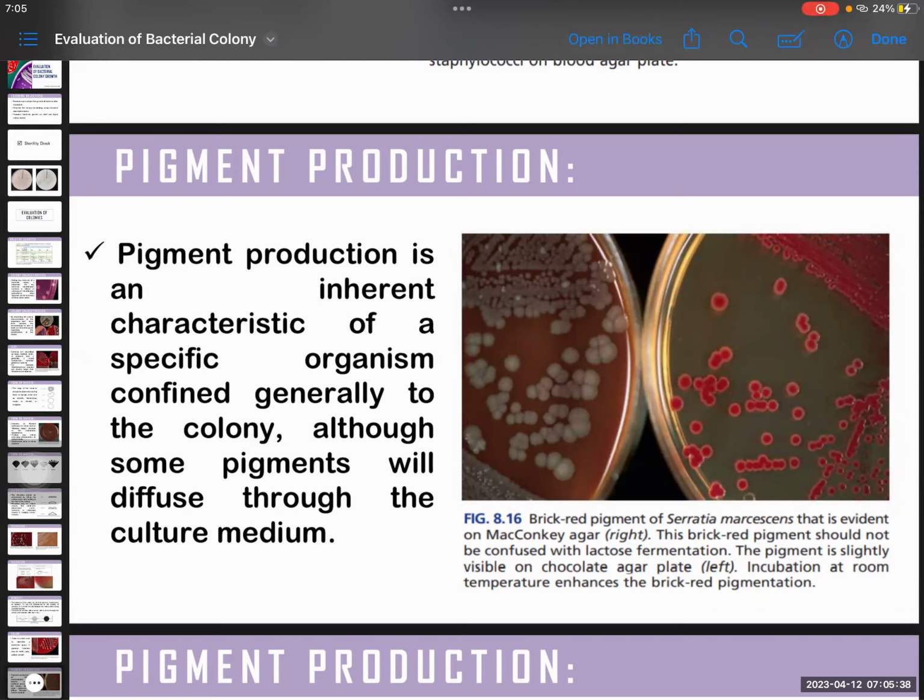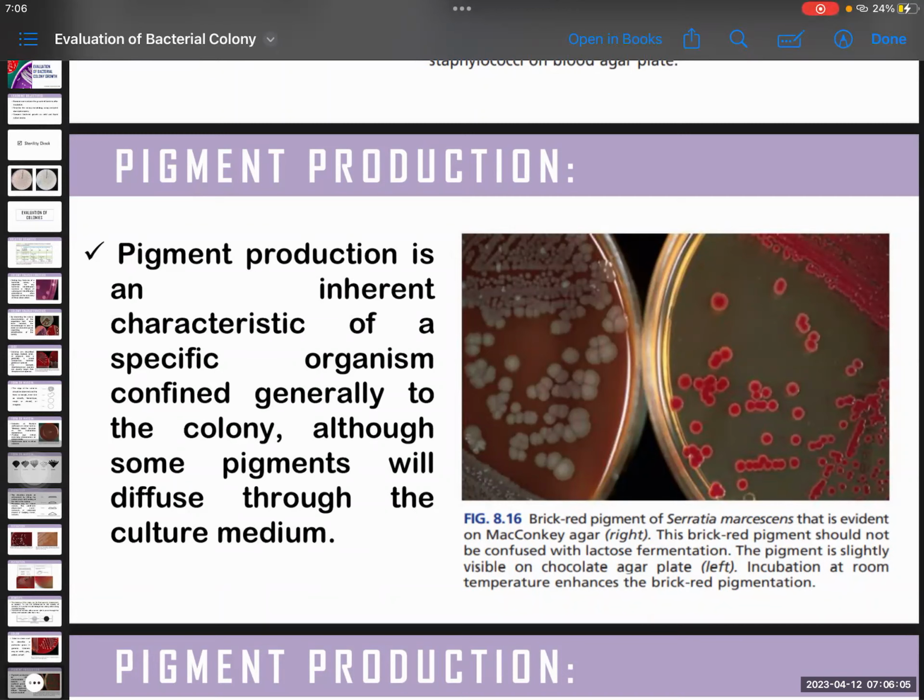Again, for color, lahat ng colonies na tutubo, they have a specific color. But for pigment, only a select few organisms can actually produce a pigment. And again, this is a very definitive or a very good way of identifying an organism. Kasi nga, iilan lang yung may kayang mag-produce ng pigment. So a very, very good example of that would be in the case of Serratia marcescens.